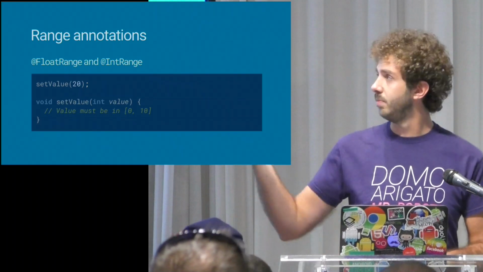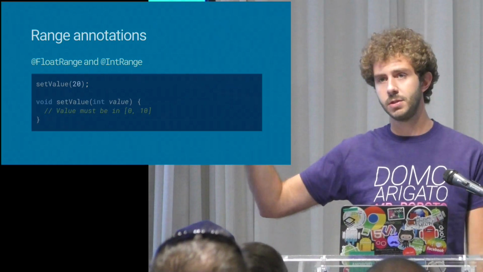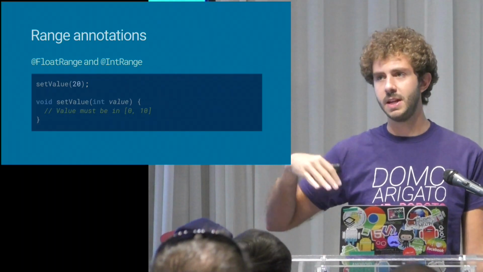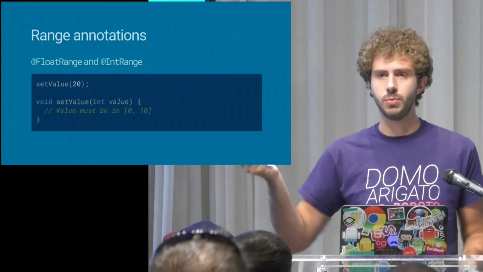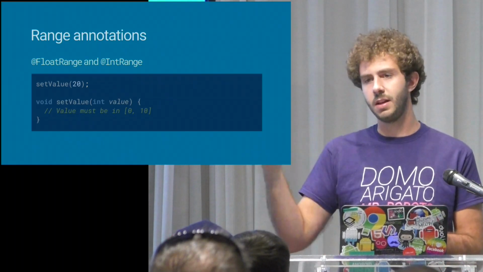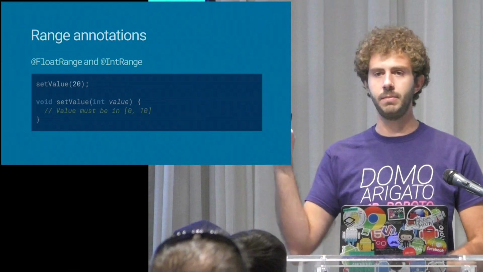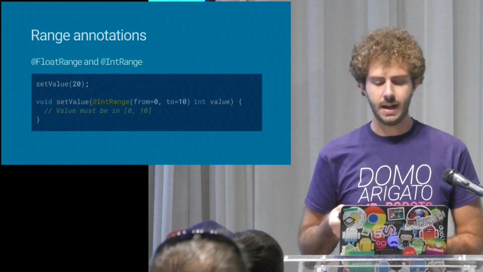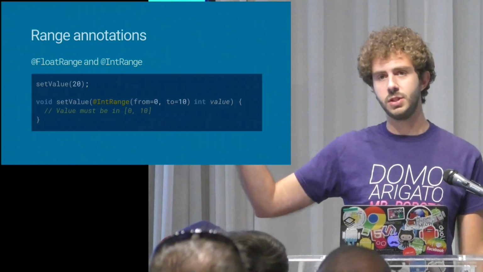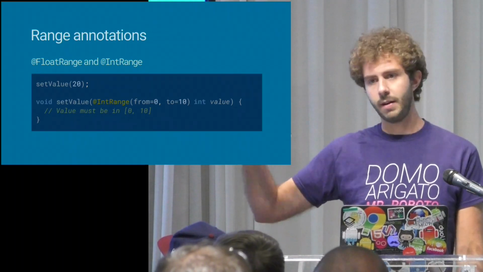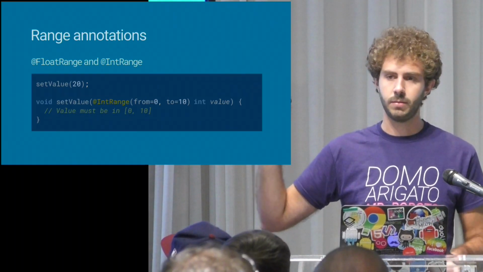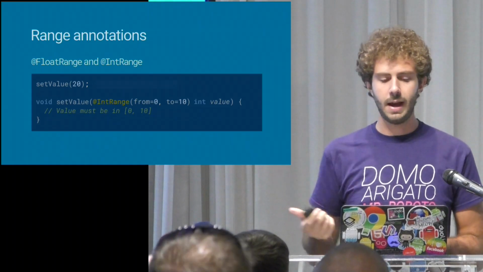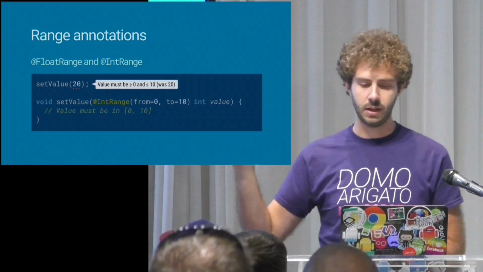Assume you have a method that assumes the value passed in is between 0 and 10. What you would usually do is check the value in the method and then throw an exception or something. What you can do instead is specify the range you're expecting. That way you don't have to write the check yourself, you keep the code clear, and at the same time you get the IDE warning you.